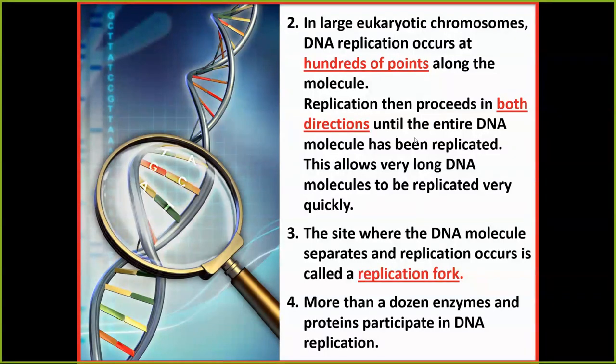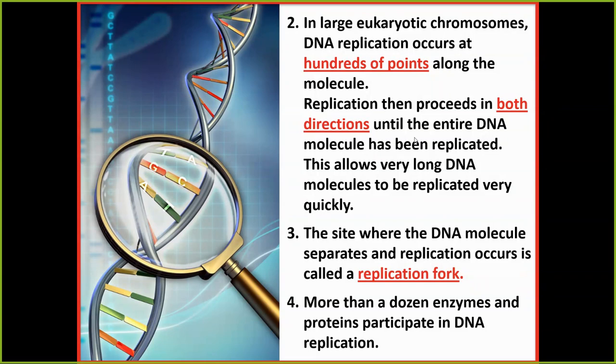Anyway, so it's going to proceed in both directions until the entire DNA molecule has been replicated. This allows for a very, very long DNA molecule to get replicated really quickly. The site where the DNA molecule separates and starts to unwind, and I think somebody had mentioned this in their do now today, is what we call the replication fork.